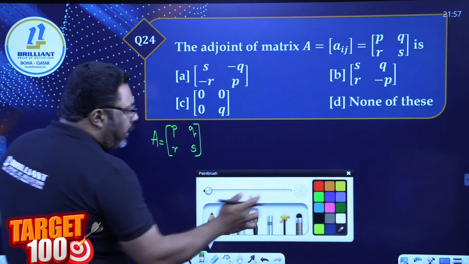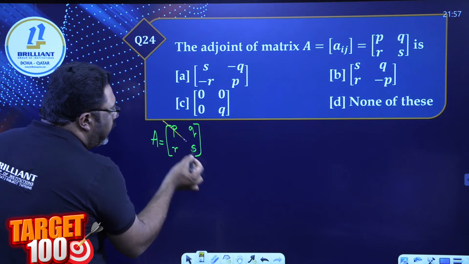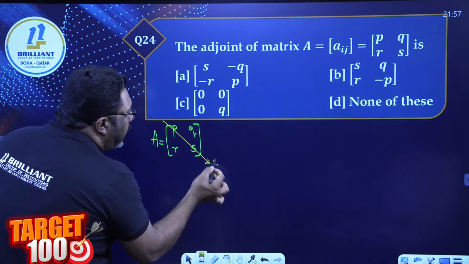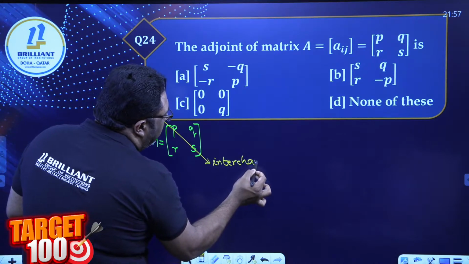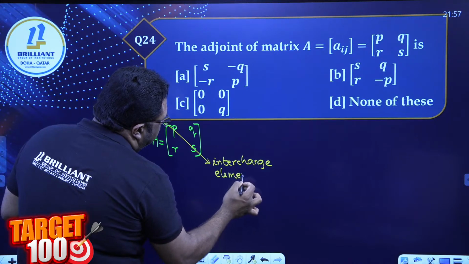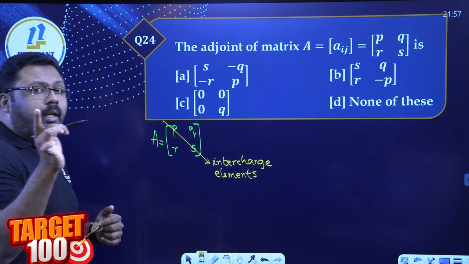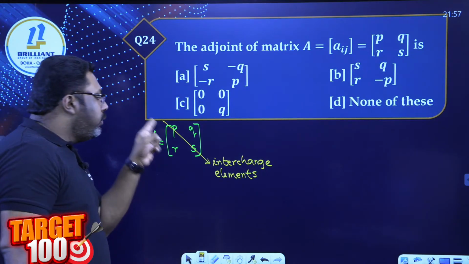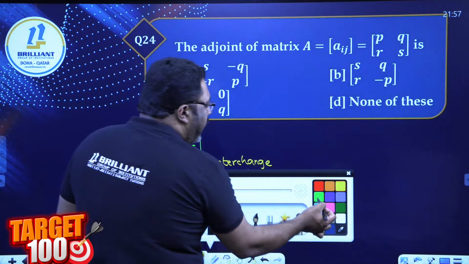What's the technique or easy shortcut to find the adjoint of a 2 by 2 matrix? You have to interchange the elements along this diagonal. It's only for a 2 by 2, okay? Not for every matrix, not 3 by 3. It works. Interchange the elements in the main diagonal.